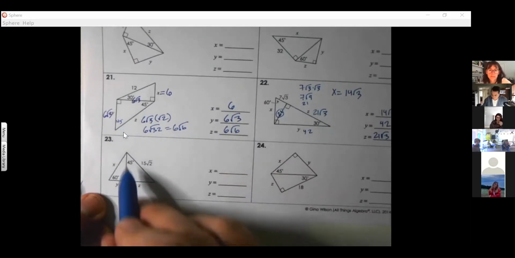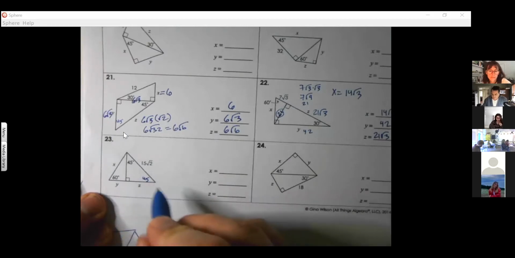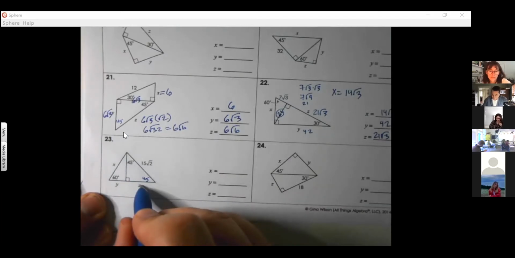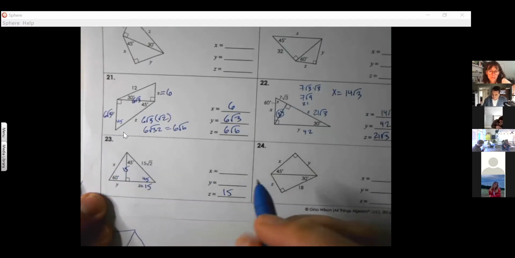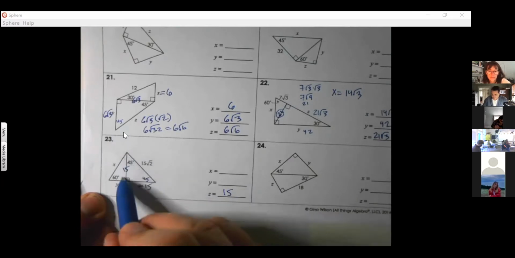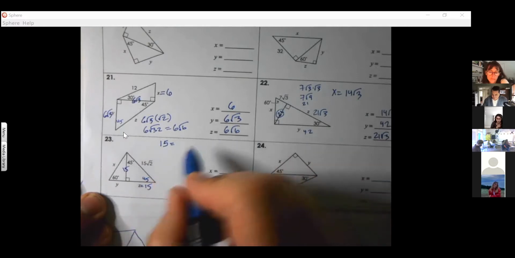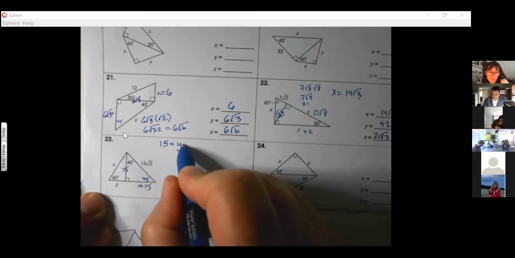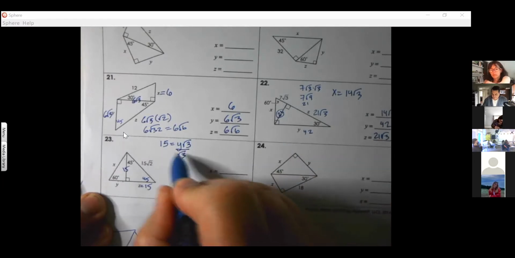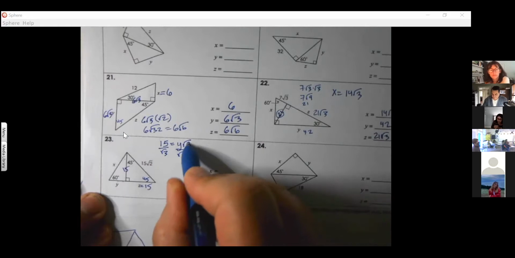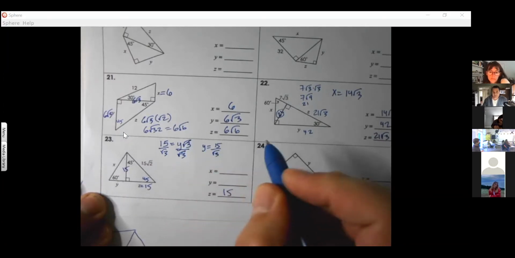So let's see. What we're given is the hypotenuse of a 45, 45, 90 triangle. When that's 15 root 2, that means this is 15. And so is this. So z is 15. Ooh, the hard one. If this part is 15, it's not supposed to just be a clean number like that. It's supposed to be whatever this y is times root 3. So to solve for y, I'm going to divide by root 3. Those cancel, and I get y is equal to 15 over root 3.